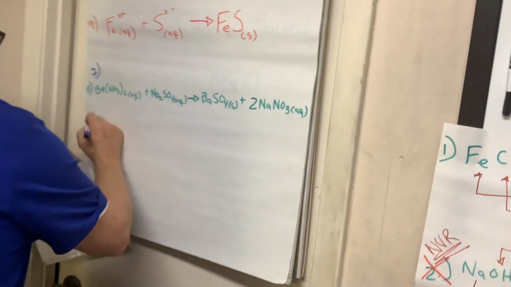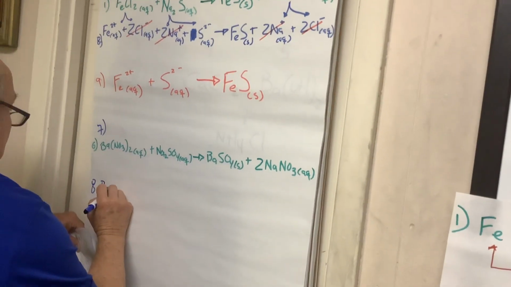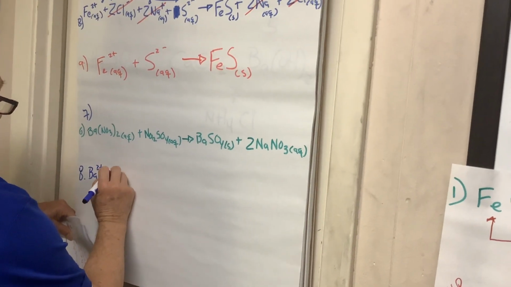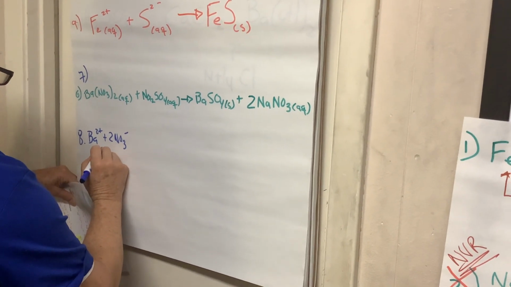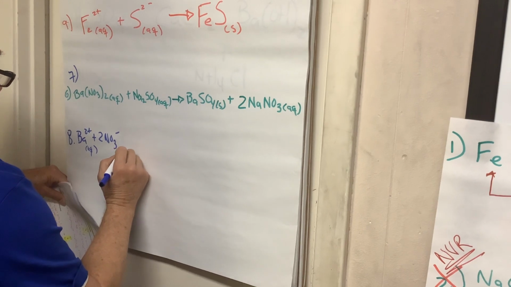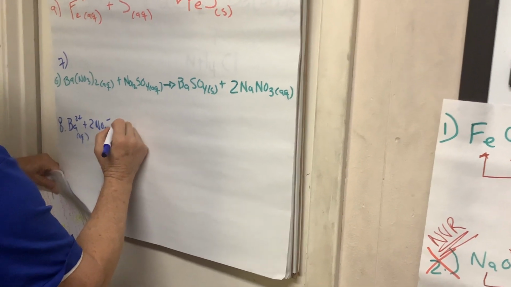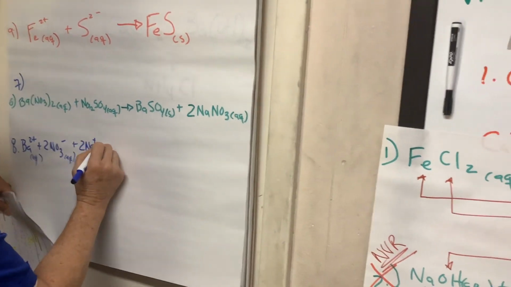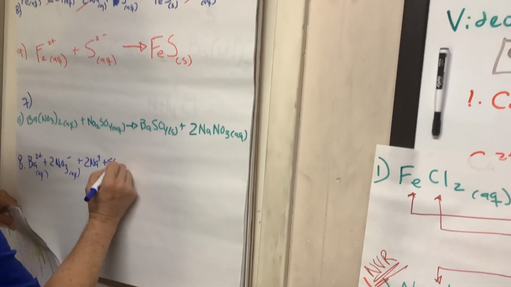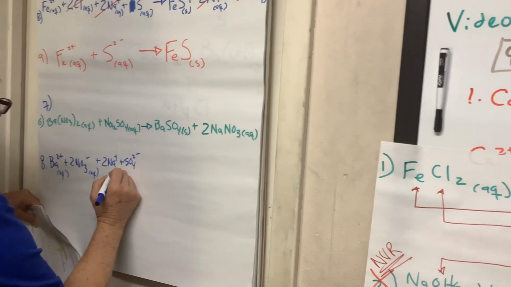If you put the ones in there, that would be fine too. So let me write all these. Barium nitrate breaks down into barium 2 plus, 2 nitrate minuses. And all of these are aqueous, in case I forget it later. Plus 2 sodium ions, 2 Na plus 1s, plus 1 sulfate 2 minus.